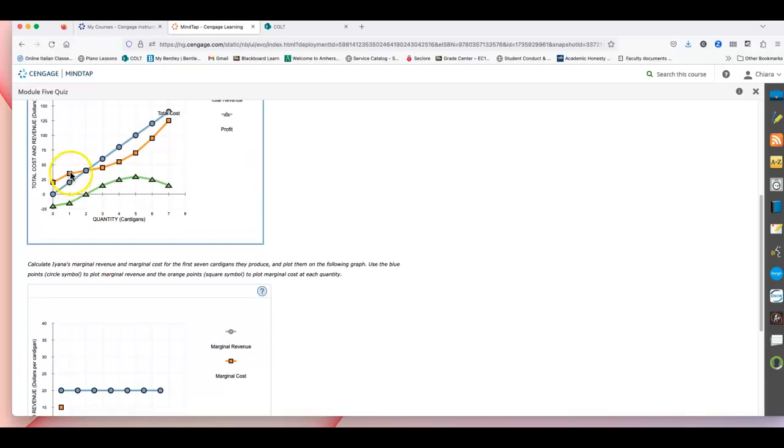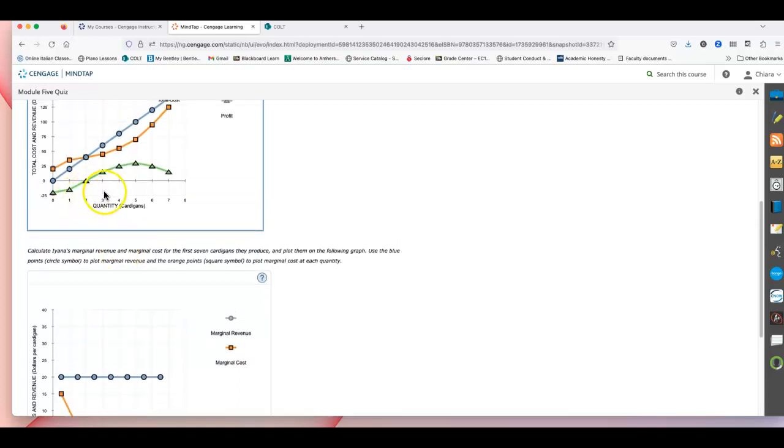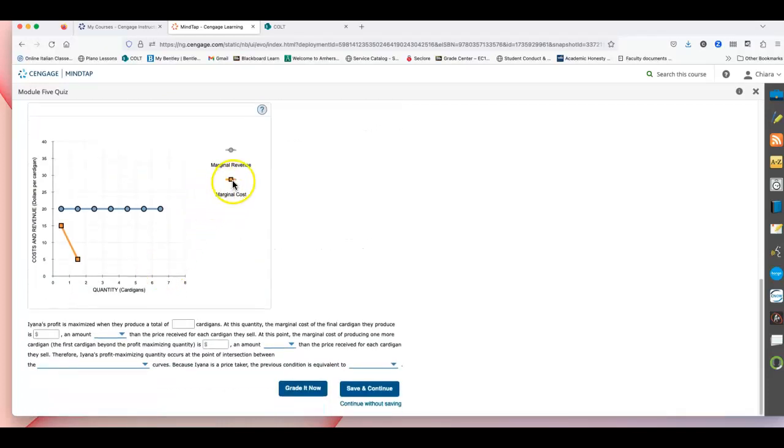The second dot is from 1 to 2 cardigans. It was 35 to 40, so that was only 5, the change. So we're going to put 5 between 1 and 2, 1.5 and 5. From 2 to 3, the change was from 40 to 45, so that's 5 again. So we're going to do 5 here.